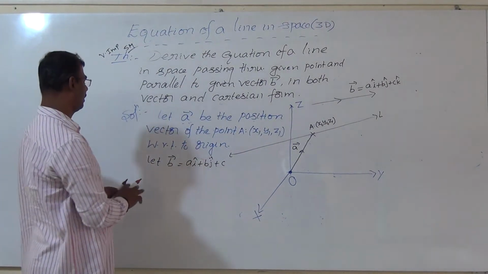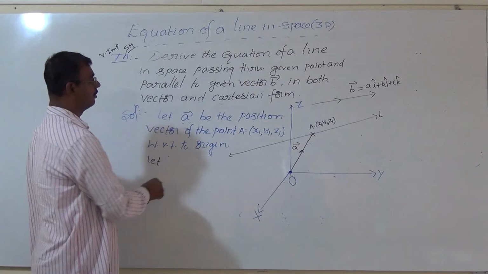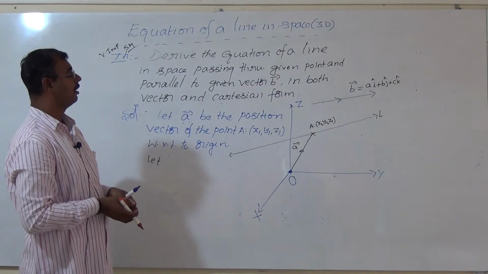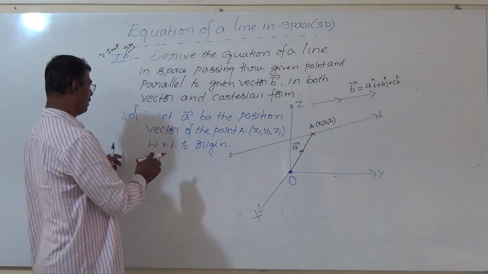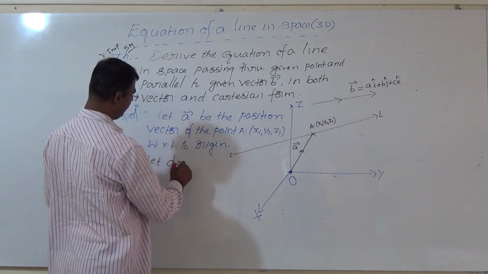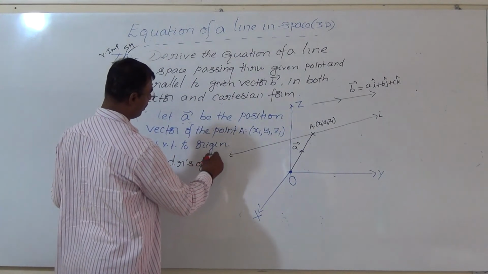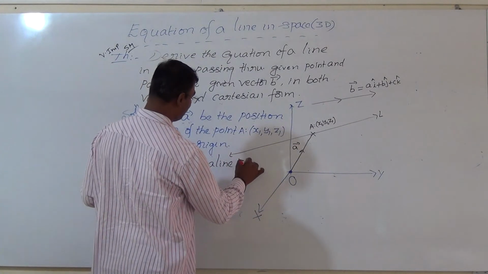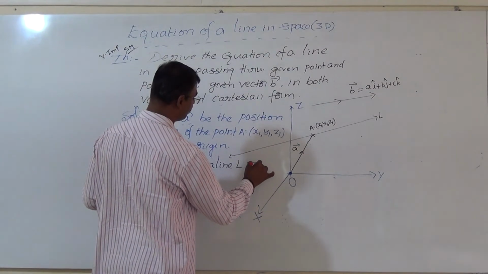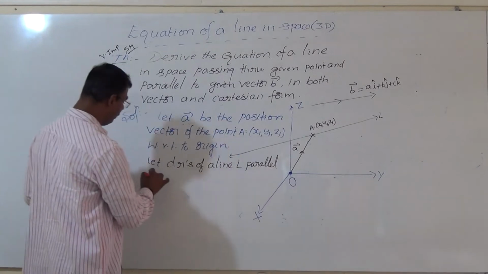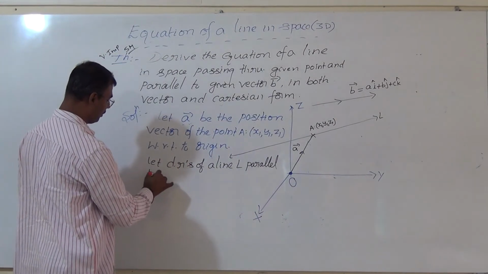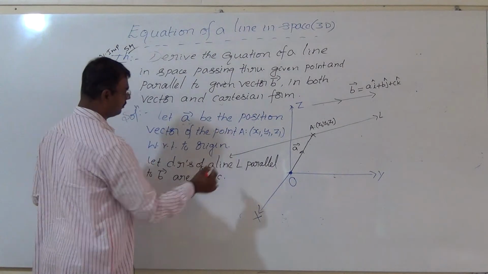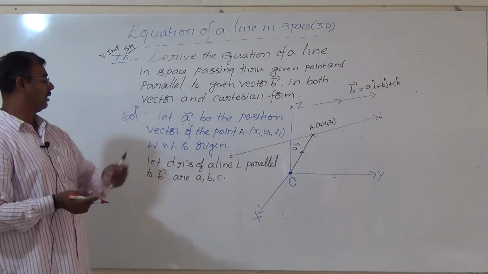Or simply, let A, B, C be the DRs of a line L parallel to B bar. So you consider three numbers here, A, B, C.